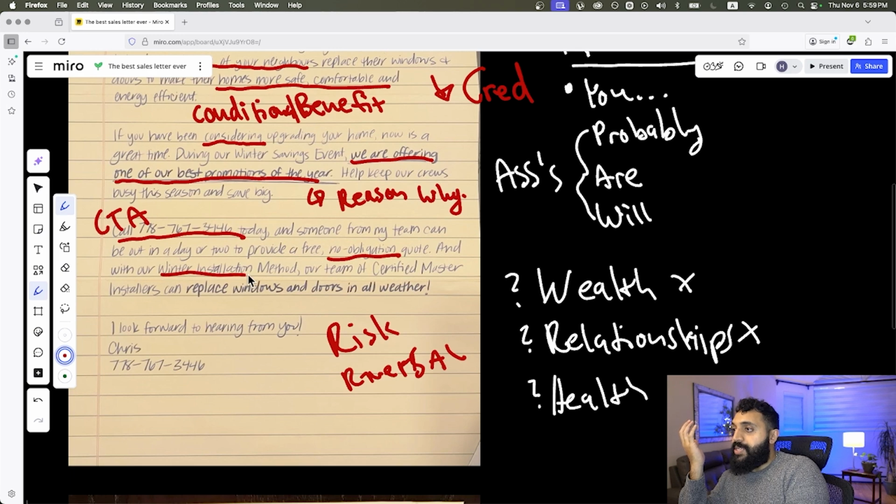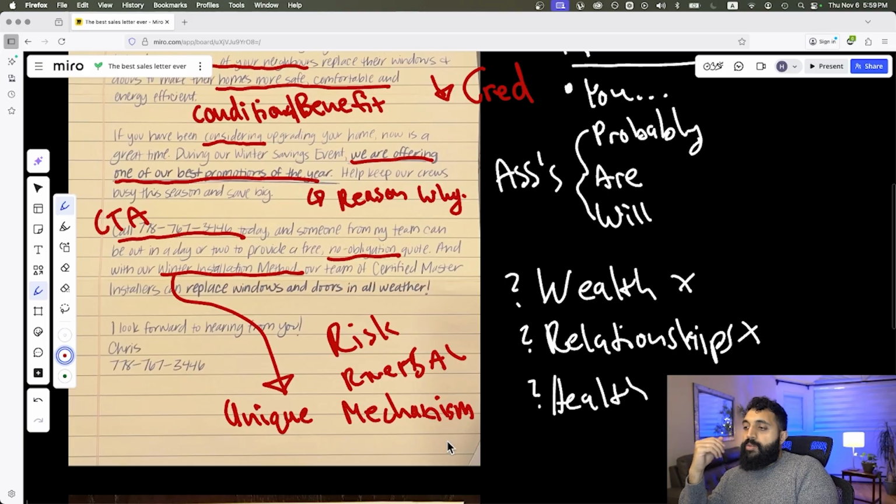And guess what? They've even got a winter installation method. This is great. This is what you would call a unique mechanism. A unique mechanism is their vehicle that is proprietary, that is different to everyone else. If you were to look up winter installation method in Calgary, Alberta, or Memphis, Tennessee, you'll probably find no search results.